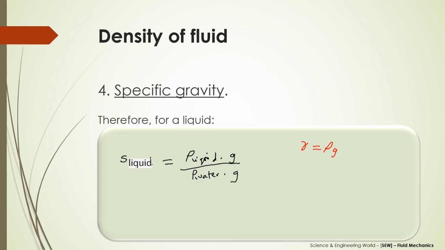Now, because we have gravity on both sides, the gravity will cancel out for both the numerator and the denominator, and we now have specific gravity of liquid to be equal to density of liquid over density of water.